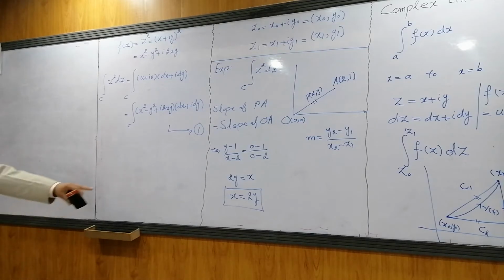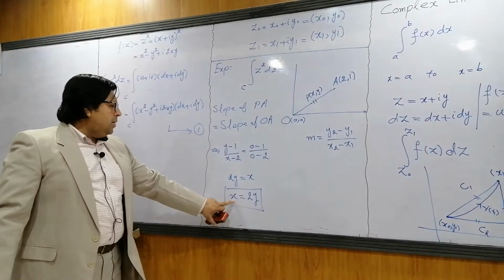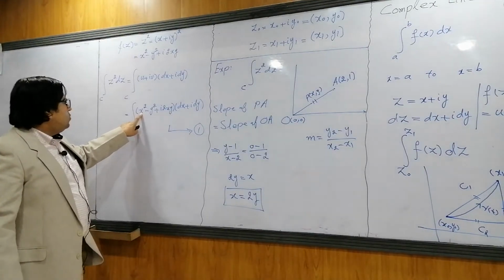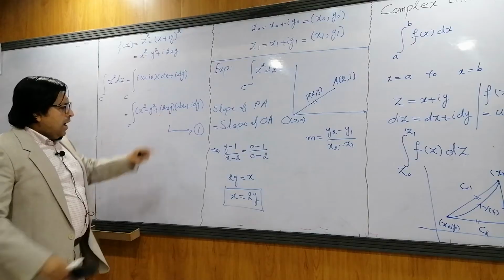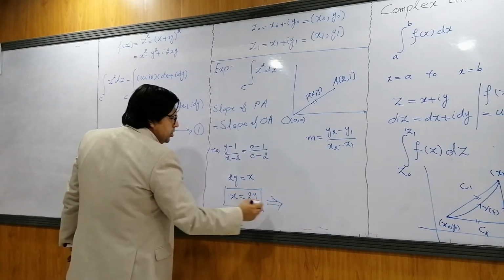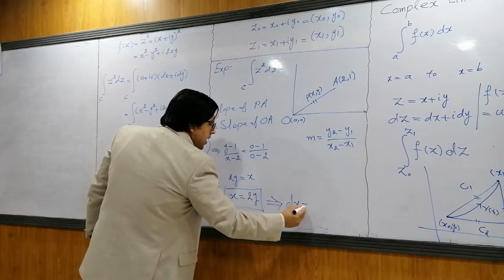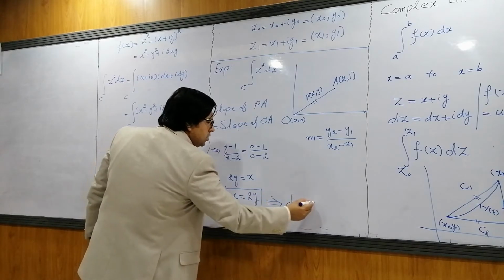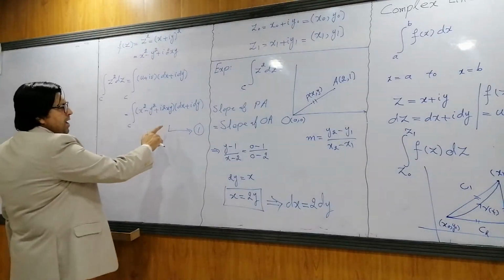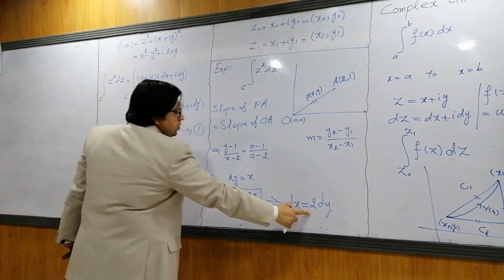Now from the given curve I can replace x by 2y. Taking the differential of both sides, dx is equal to 2 dy, so I can replace dx by 2 dy.